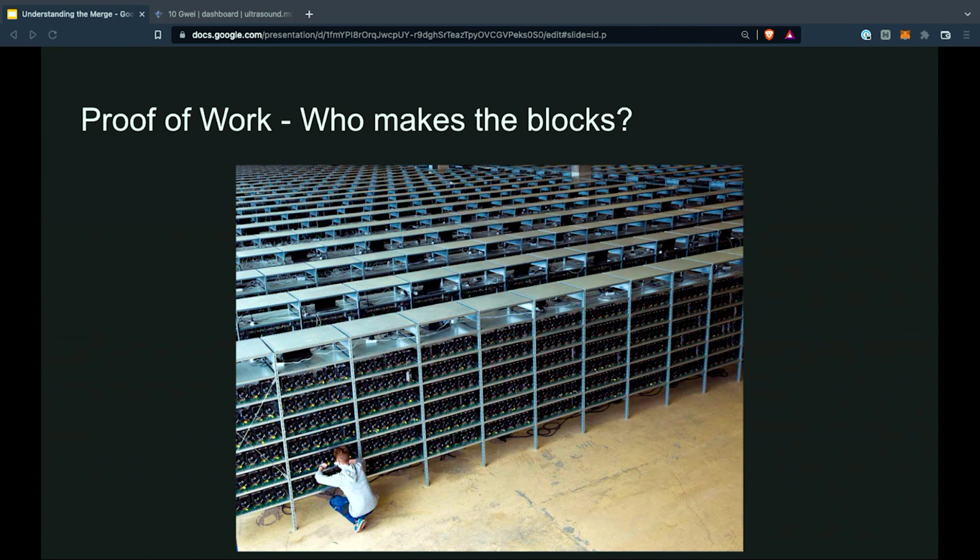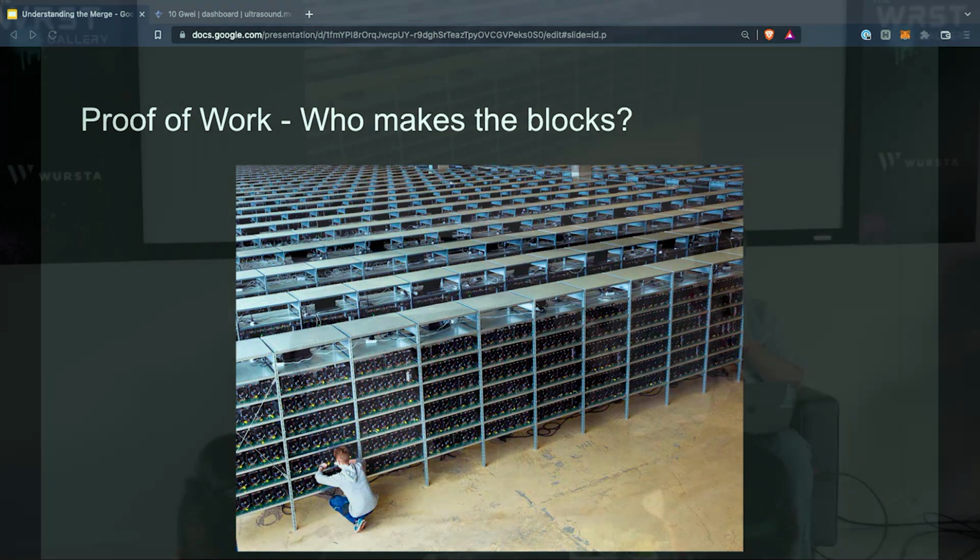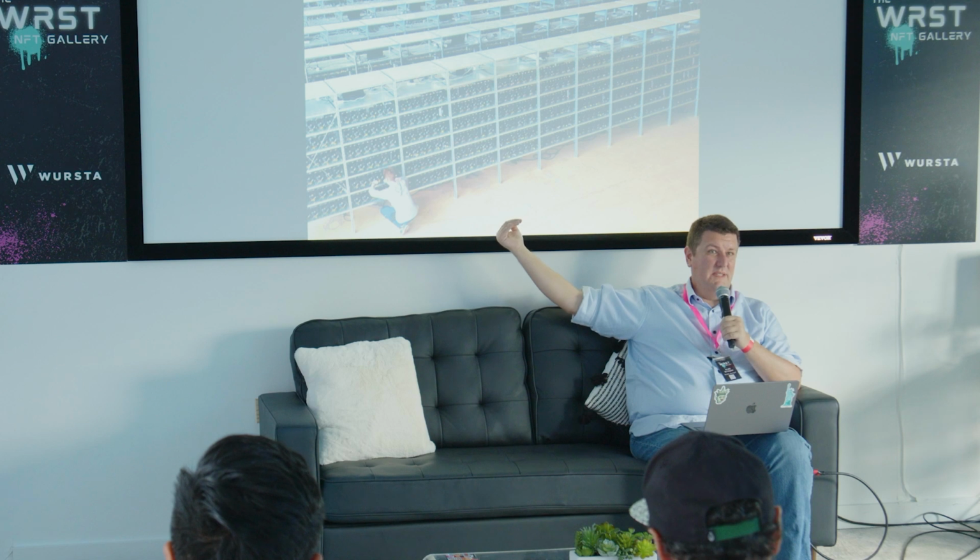This is a mining pool, and what they have are racks on racks on racks of these machines called ASICs. ASICs are very specialized computers. They don't have Facebook, they don't have Google. All that they do is they figure out how to find the leading number of zeros in that mathematical problem I was talking about before. And they use up a ton of energy, right?